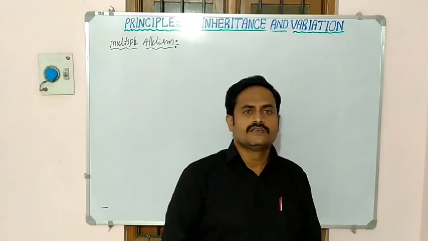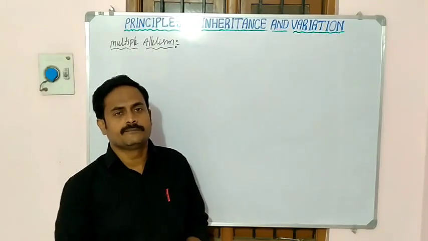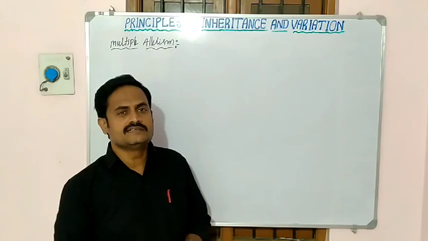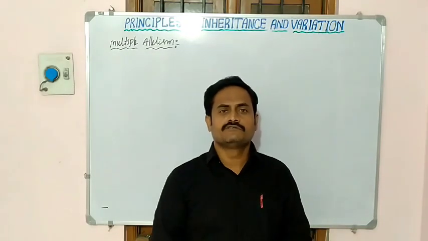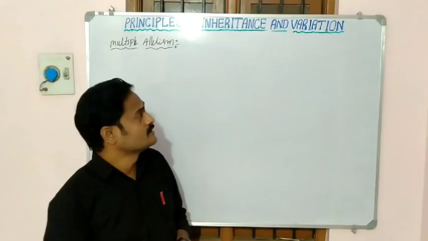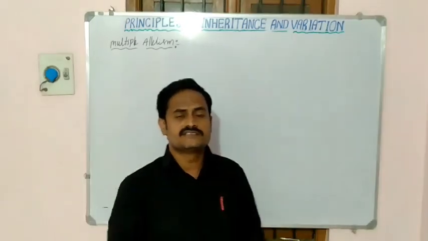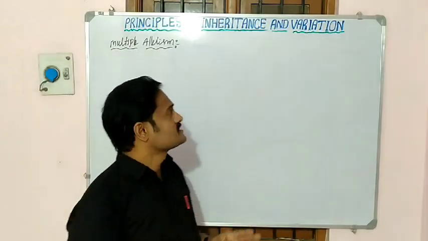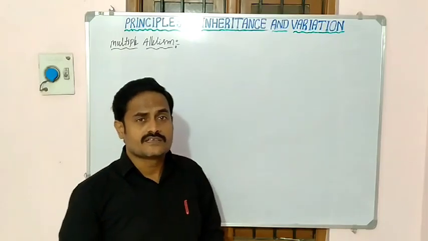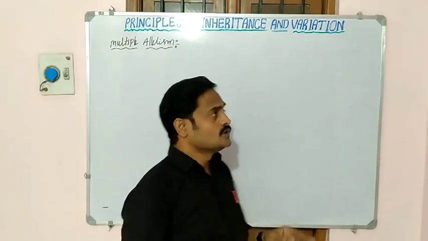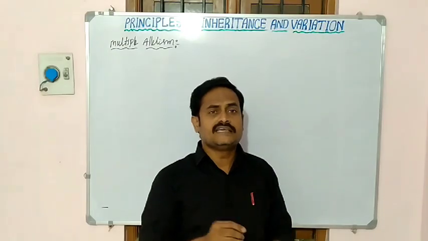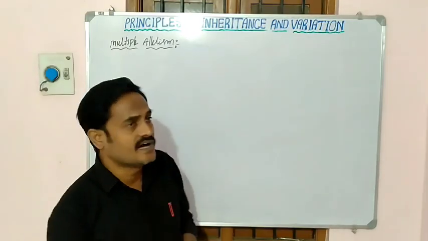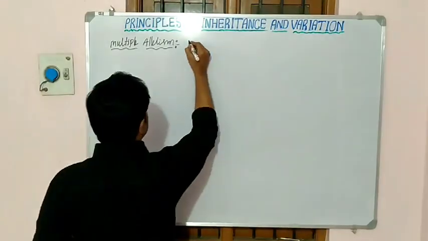Commonly in an organism's body, two alleles control all the characters. But when we observe the human blood groups, majorly three alleles control the human blood groups. So multiple allelism means three alleles control the characters.